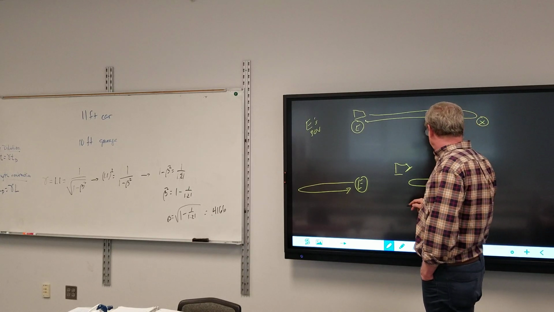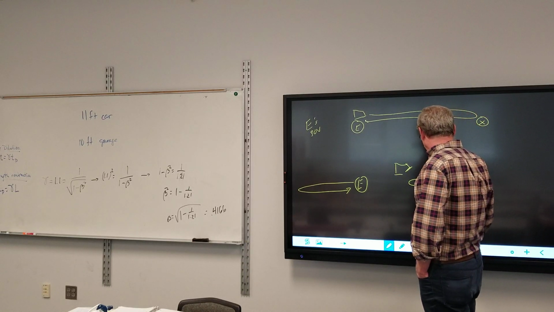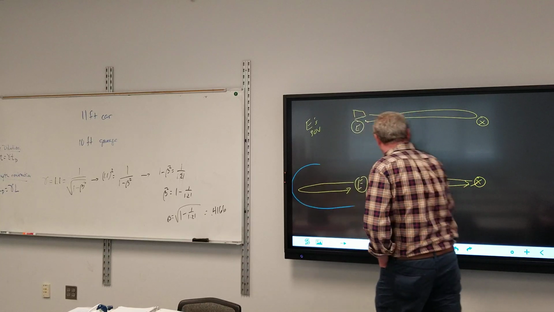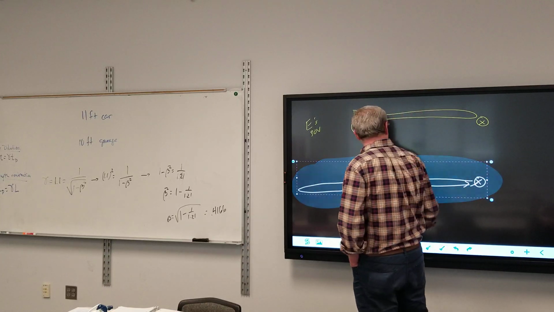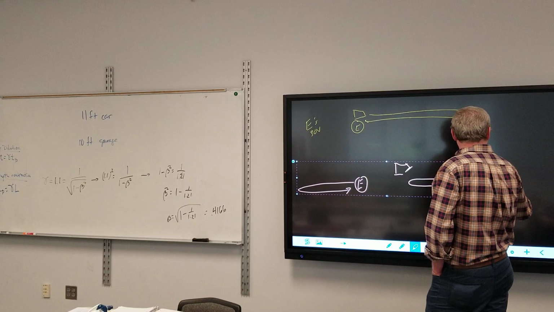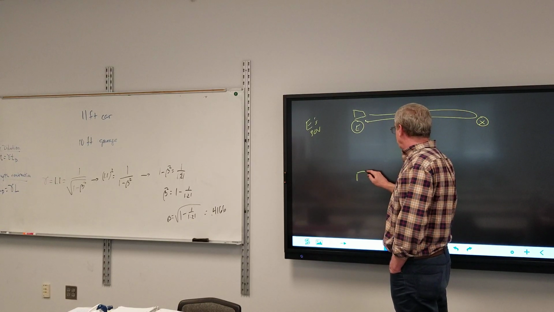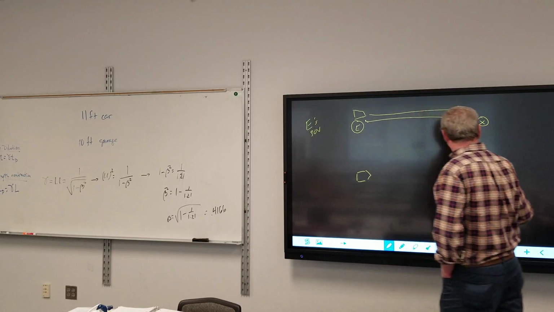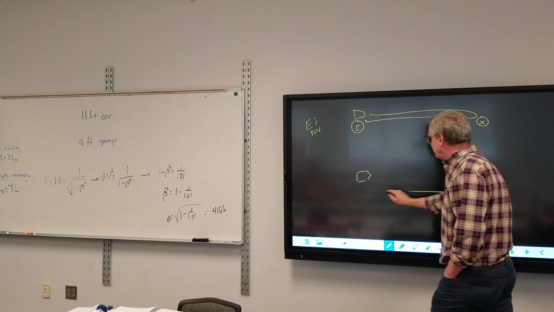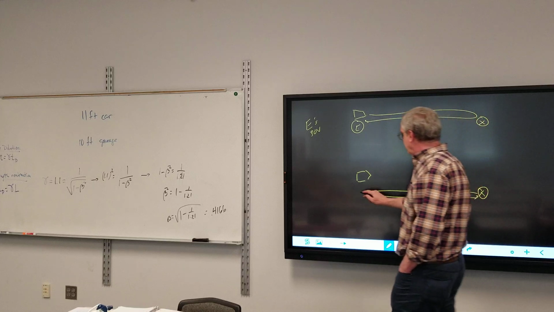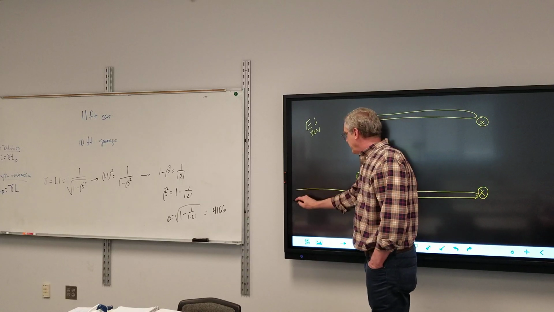Probably should have drawn that. I'm going to draw that differently. Basically, the spirit of what I just wrote is absolutely still good. So from the rocket's point of view, planet X zips to them and then back, and Earth zips away and then comes back.